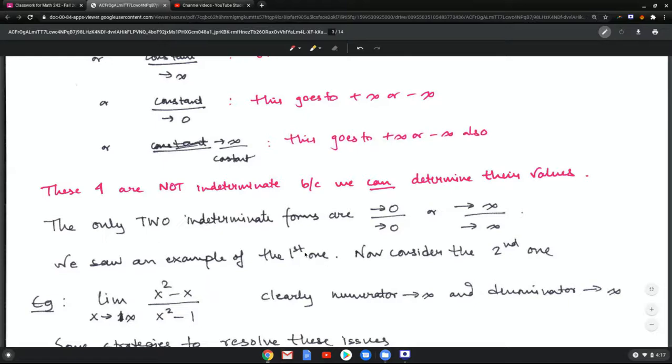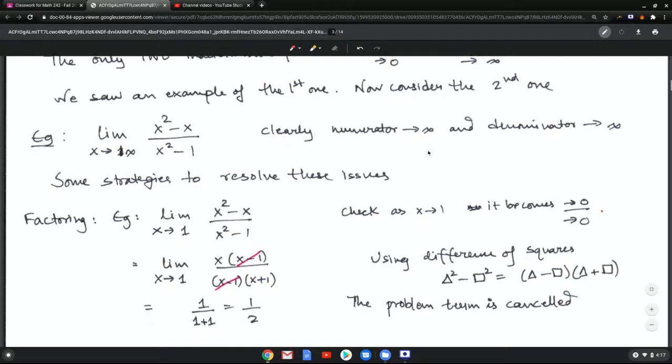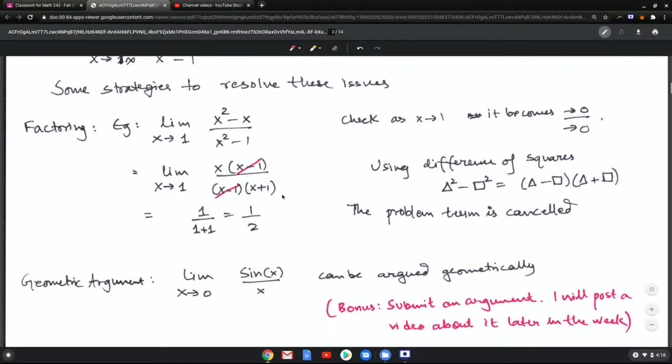Let's look at an example of the second one. Say limit of x squared minus x over x squared minus 1. Clearly, as x goes to infinity, the numerator goes to infinity and the denominator goes to infinity. Now, some strategies to resolve these issues. Because these are algebraic terms, I can factor. I can factor the top as x times x minus 1 and the bottom using difference of squares as x minus 1 times x plus 1, which gives me 1 half.